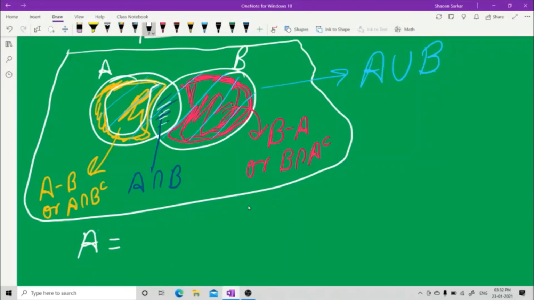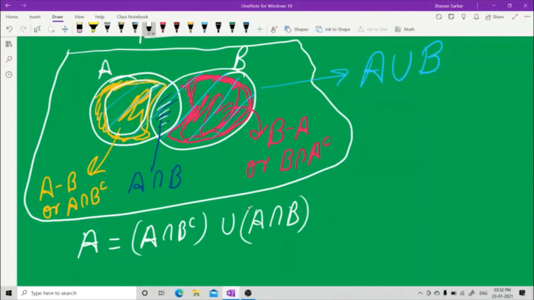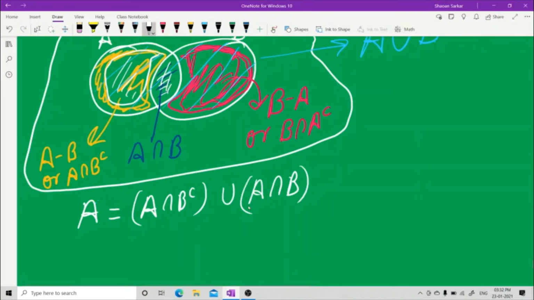So you can say A is A intersection B complement union A intersection B. A is completely this. Now, if I want to find the cardinality of A, I forgot to tell you one more thing. Cardinality of A can also be written like this and also like this.